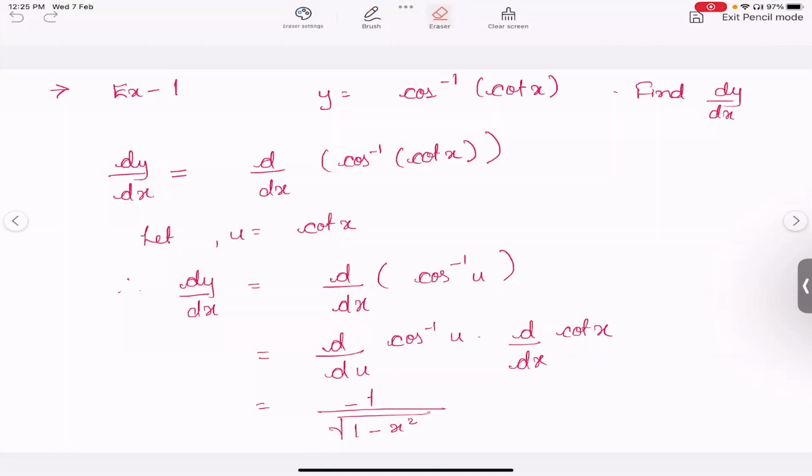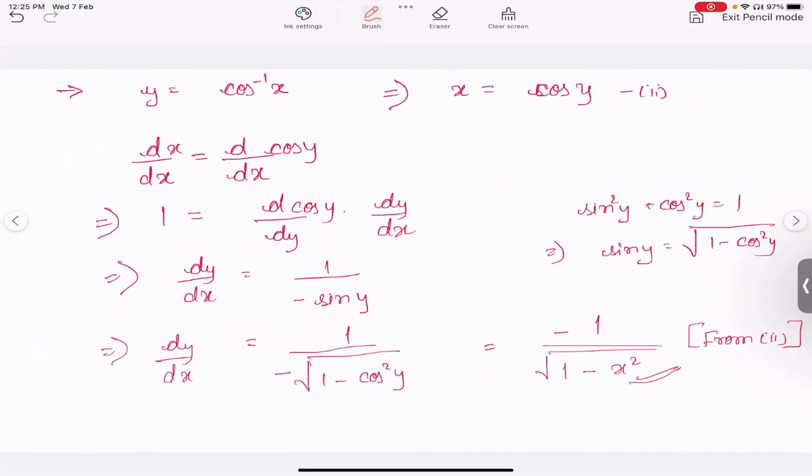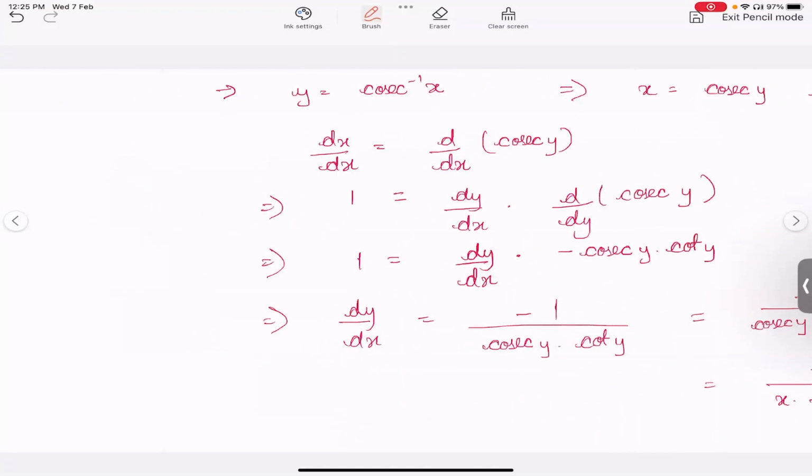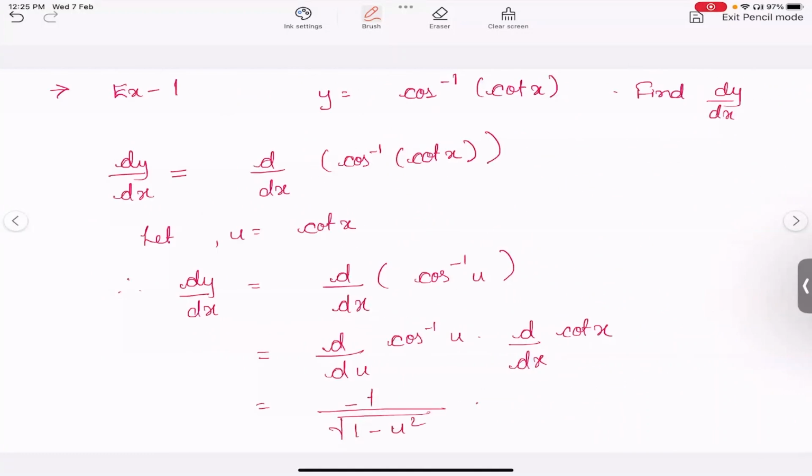So here it will be u square. Now times the derivative of cot x, which will be equal to minus cosec square x.